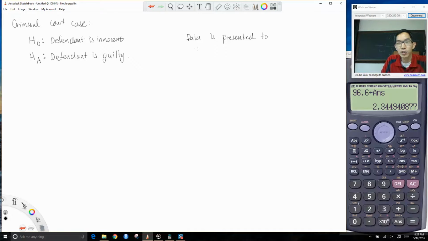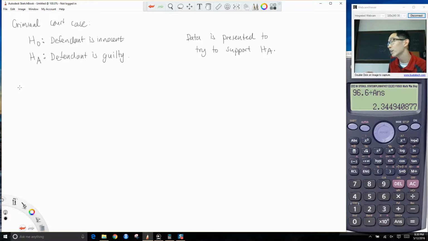to try to support the alternative. So if there's not enough data, then the jury does not reject the null, and we find the defendant not guilty.